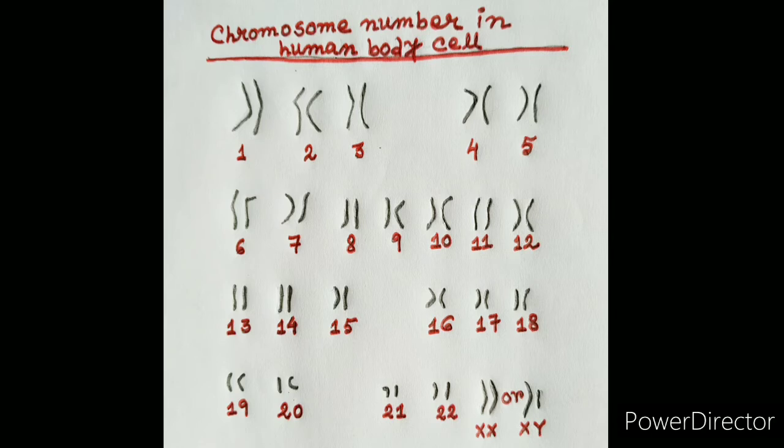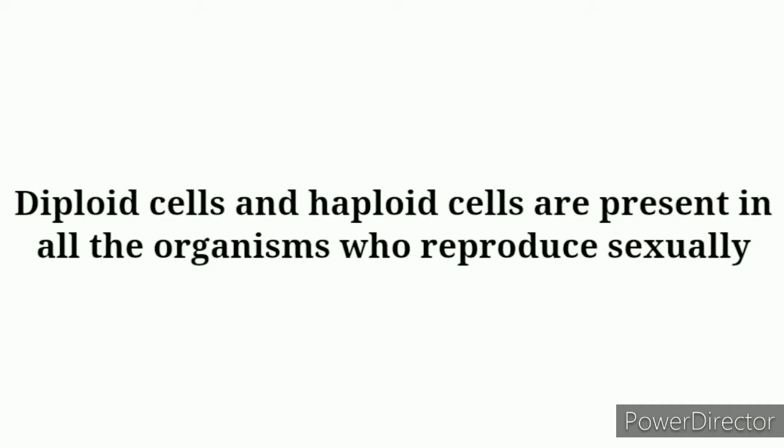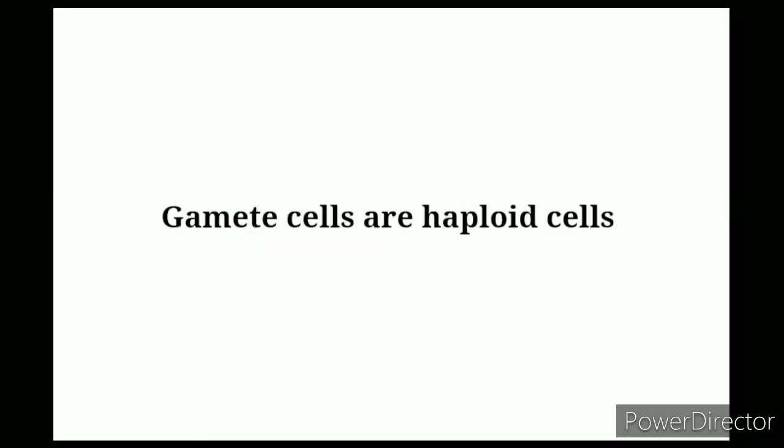Among these, 22 pairs or 44 chromosomes are called autosomes, and one pair or 2 chromosomes are called sex chromosomes. This one pair of sex chromosomes can be either XX or XY: XX for female and XY for male. Diploid cells and haploid cells are present in all the organisms who reproduce sexually. Here, only the gamete cells are the haploid cells.